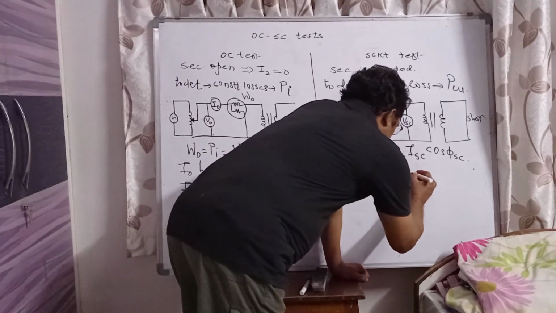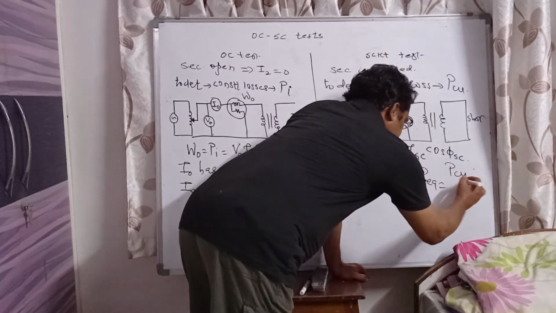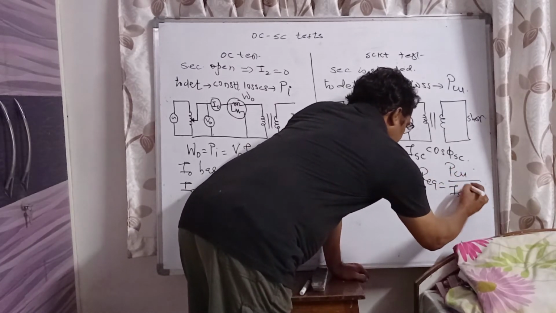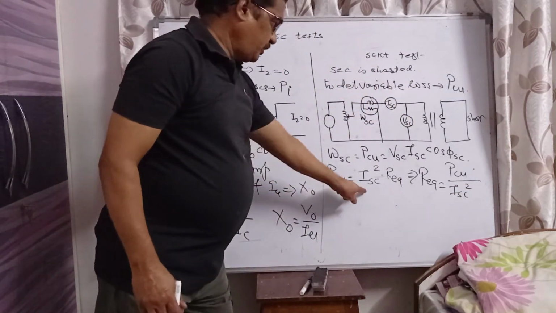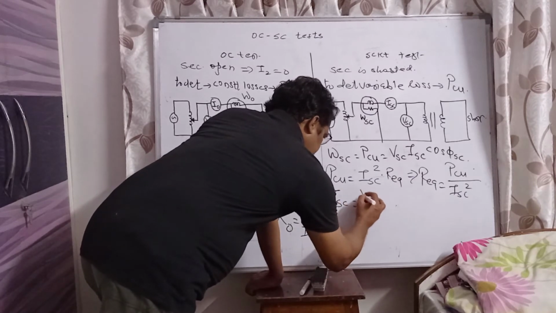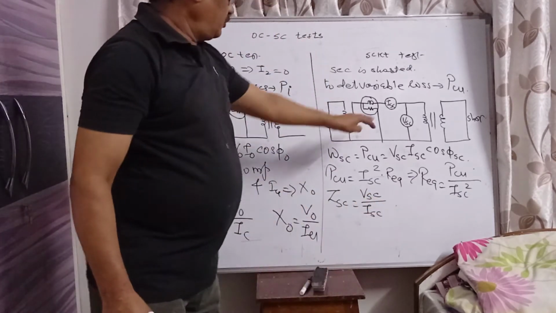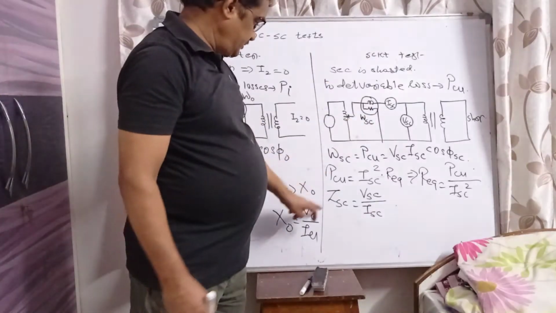From this you will get R equivalent is equal to power upon current square. Similarly, ZSC, impedance, is voltage upon current. Voltage is VSC, current is ISC.